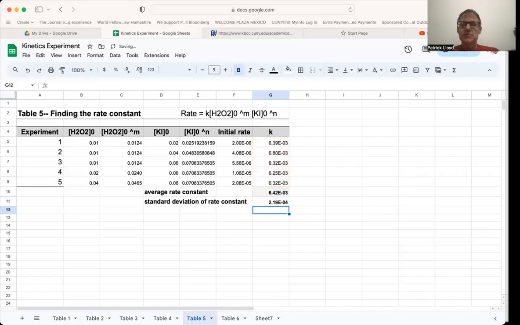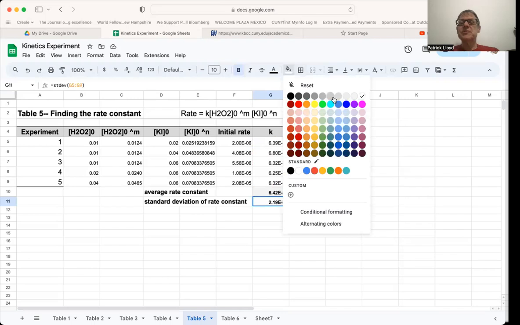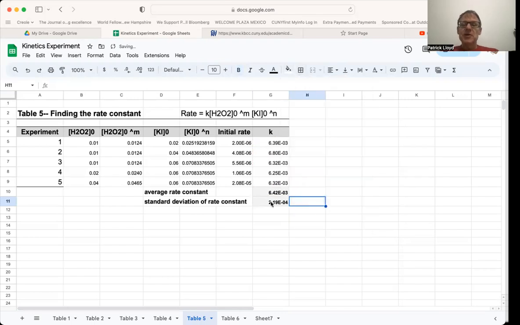Looks good. If you look at the standard deviation, it's quite a bit smaller than the average, than the mean. So that's good. You want the standard deviation, the smaller the better. Here's a way just to do it: take the ratio of the average divided by the standard deviation.